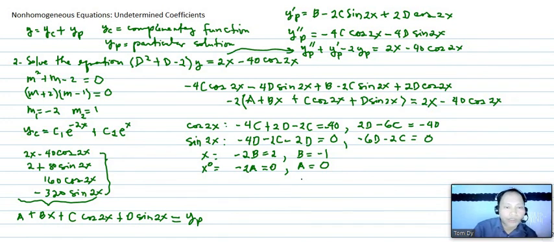Once we have the value of a and b, we have to find the value of c and d. Okay, so for this part, we have here d and c. So we will combine these two equations. To combine these two equations, of course, we have to multiply. We want to eliminate one of its variables. So for this part, we will multiply it by 3 so that we will eliminate d.